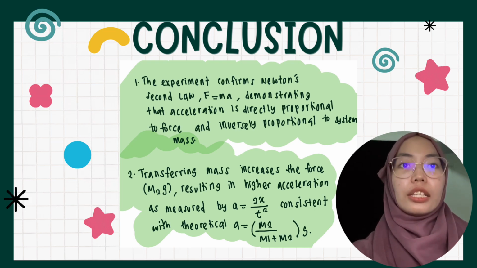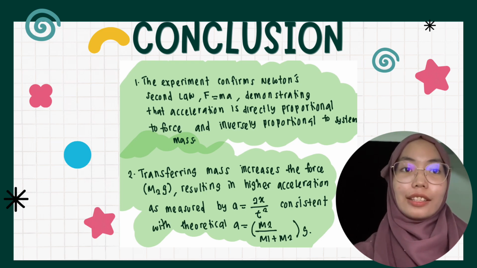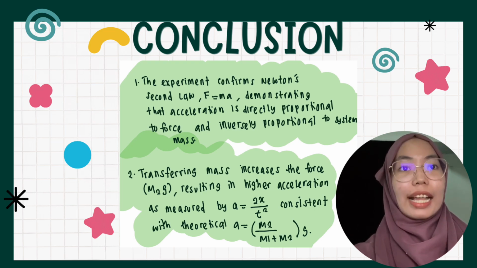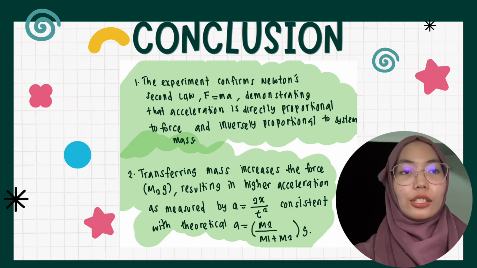And second, transferring mass increases the force m2 g, resulting in higher acceleration as measured by a equals 2 times x over t squared, consistent with the theoretical a equals m2 over (m1 plus m2) times g.